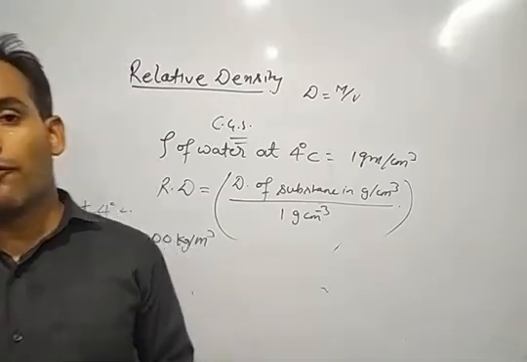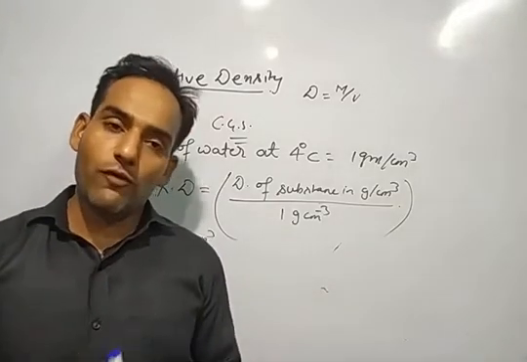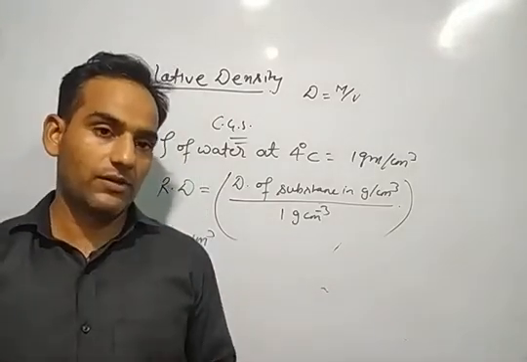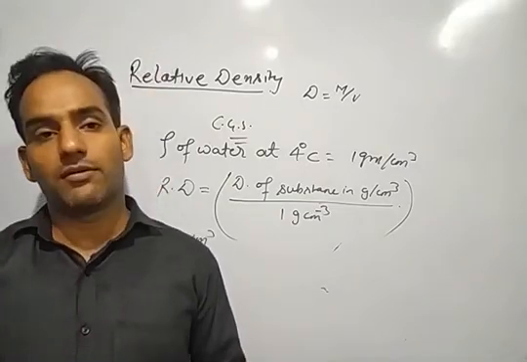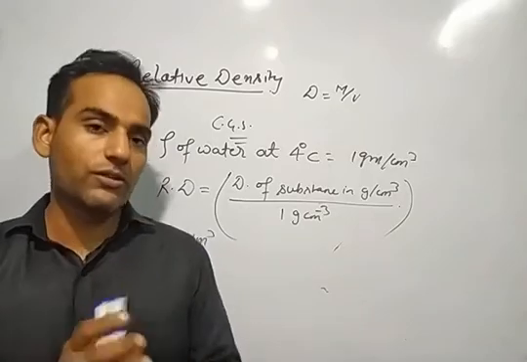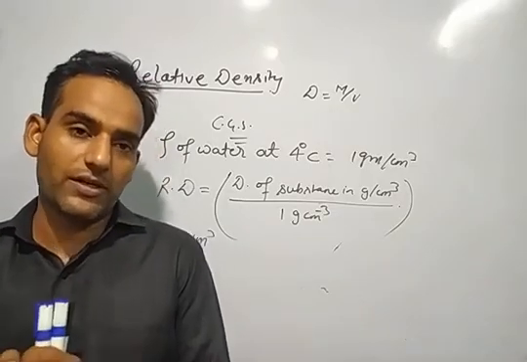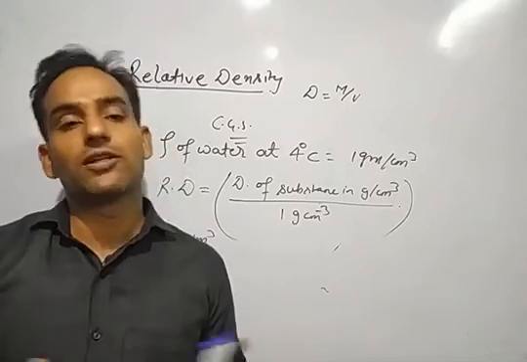But when the temperature of water reaches 4 degrees centigrade, it has its maximum density. After that, when it reaches 3, 2, 1 degrees centigrade, there is an expansion in the water.